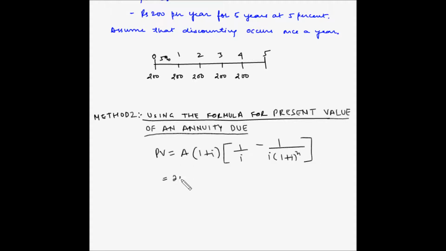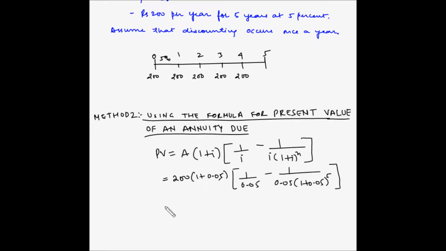So A is 200 into bracket 1 plus 0.05 into bracket 1 divided by 0.05 minus 1 divided by 0.05 into 1 plus 0.05 to the power n, which is 5. So this is equal to 200 into 1.05, 1 divided by 0.05 minus 1 divided by 0.05 into 1.05 to the power 5.